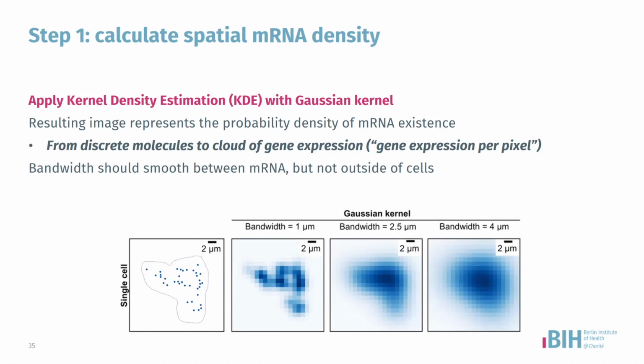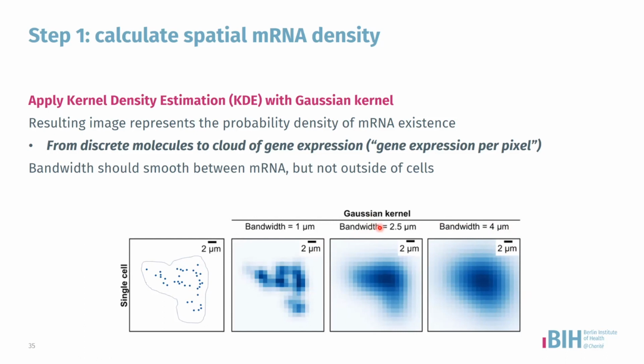So in this particular step, there's one important parameter for us to optimize, which is the bandwidth. So this is essentially the strength of the smoothing. If you have a bandwidth that's too small, you smooth between the molecules, but at the level of a cell, you have a very heterogeneous distribution of expression. Whereas if you smooth too much, you end up with a circular representation where you lose the original shape of the cell.